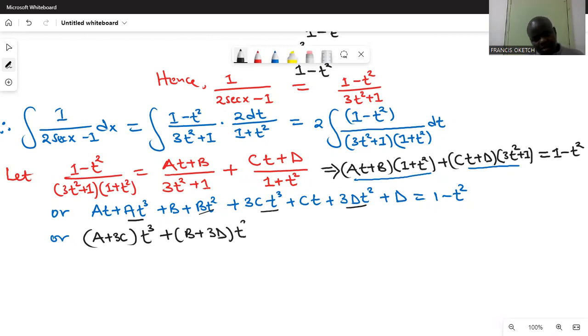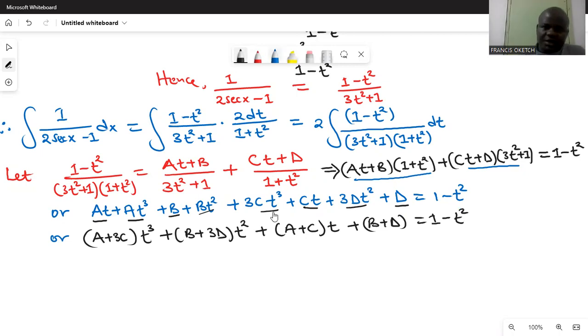That is the coefficient of t squared. Then the coefficient of t, we have a and we have c, so you can write a plus c, multiplying t. Then the constant terms, we have b and d, so we say b plus d. That should give us 1 minus t squared.